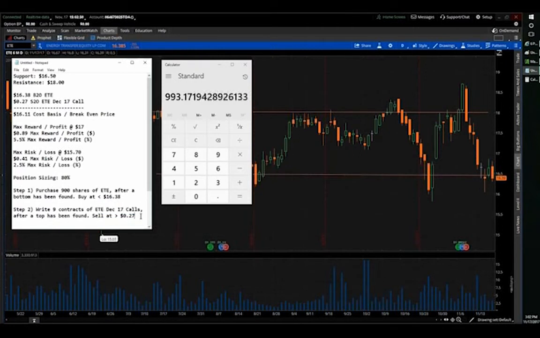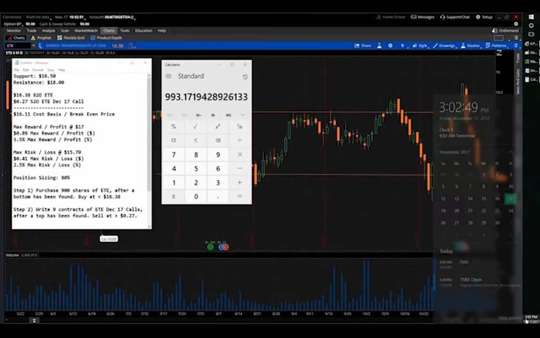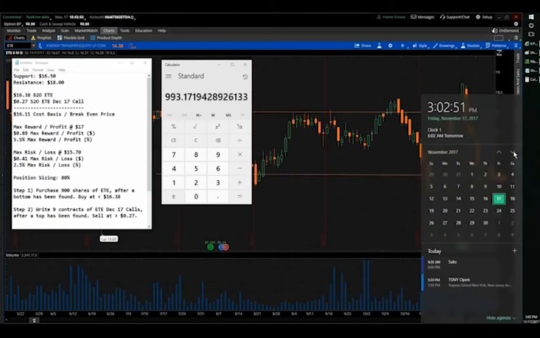Now, one caveat on part 2, remember the option part is your premium part, meaning that time decay is happening. Correct word for that is theta decay, but time is passing by every day. And so we actually have kind of a deadline. If you look at my calendar here, the deadline is going to be the Wednesday before the option expiration. So around December 6th.